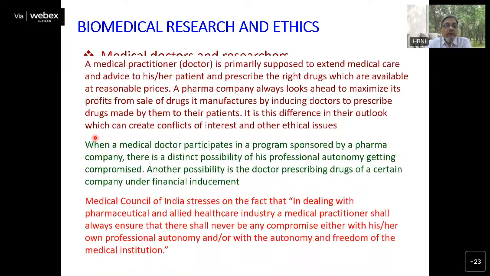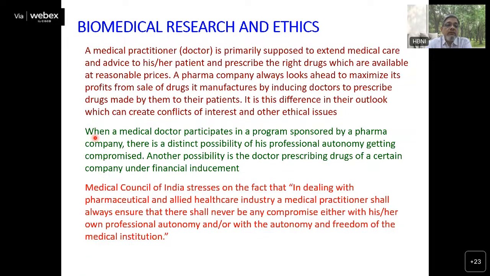And then finally, we have a connection between the medical doctors and these pharmaceutical companies, which probably most of you are quite aware of. Because, as I said, a medical doctor is supposed to extend medical care and advice to his patient, and also prescribe the right drugs which are available at reasonable prices.